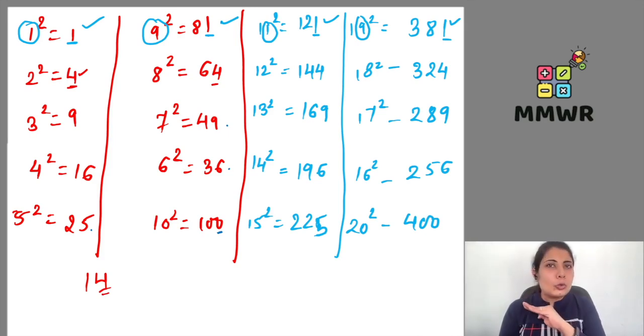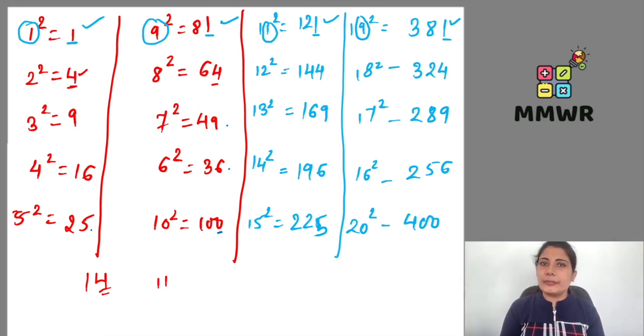Because there is no such natural number or integer whose square we take and get 14. There is no such number existing, right? After 4, we have 9. After 9, 10, 11, 12, 13, 14, 15, all of these are not perfect squares.